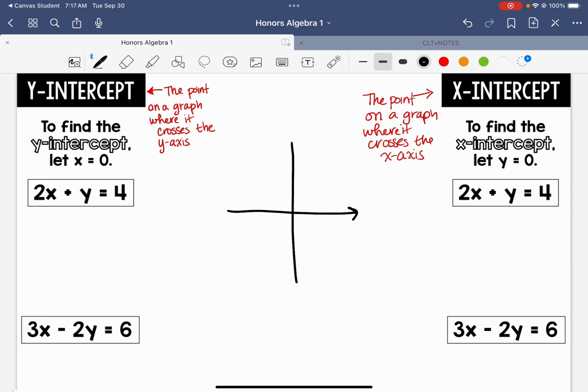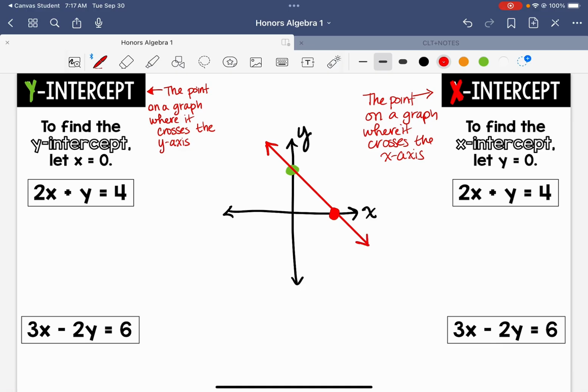So here's my x-axis, here's my y-axis. If I can find the point where it crosses the y-axis, let's say it's up here, and I can find on that same graph where it crosses the x-axis, this would be my x-intercept, and my y-intercept, then all I have to do is use a line to connect the two, and I have 2 points.